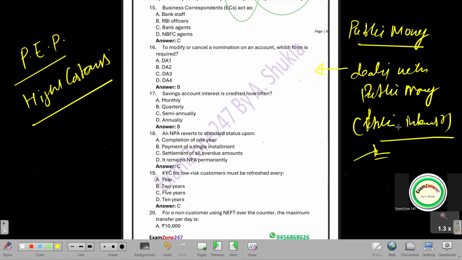Then these are categorized as high risk customers. Hope you understood. Risk profiling and KYC both are different things.